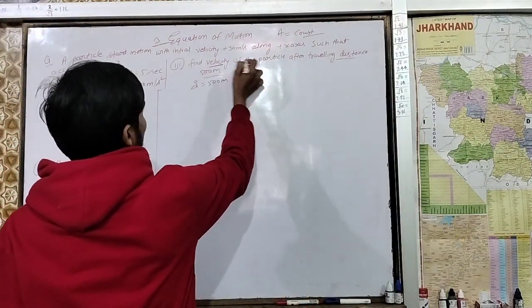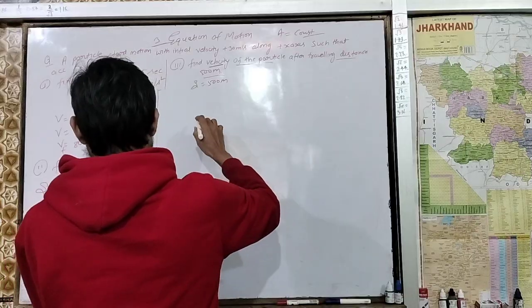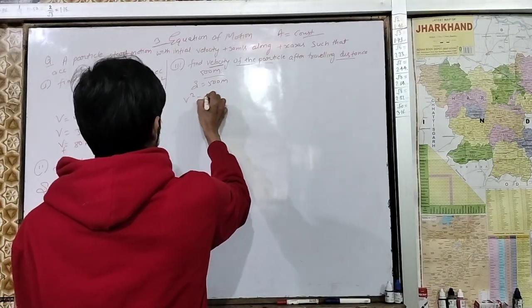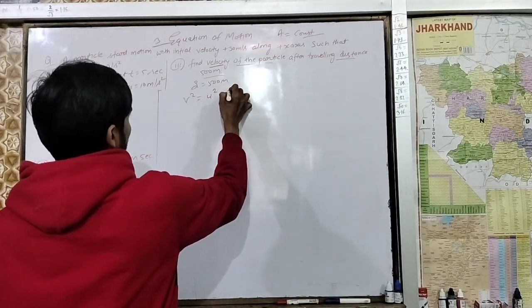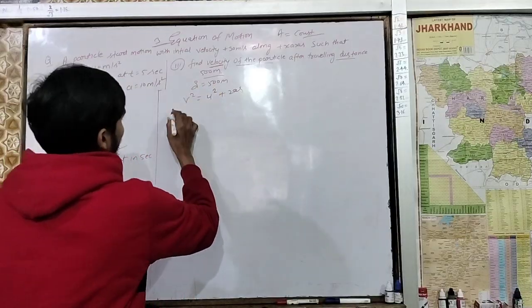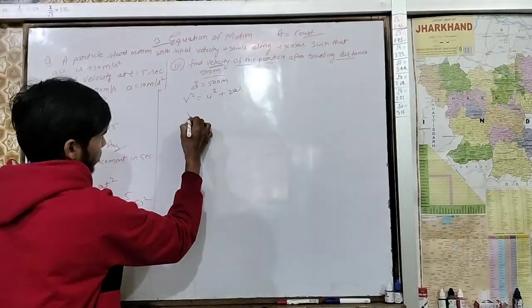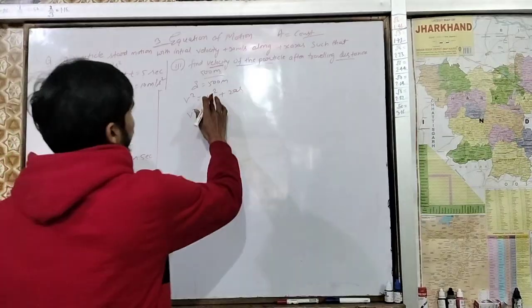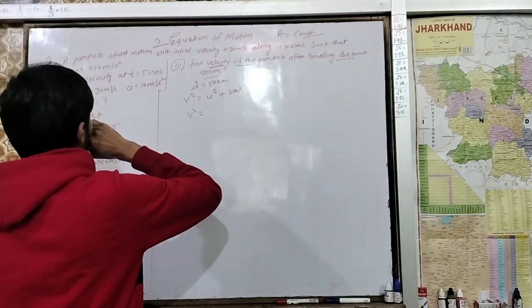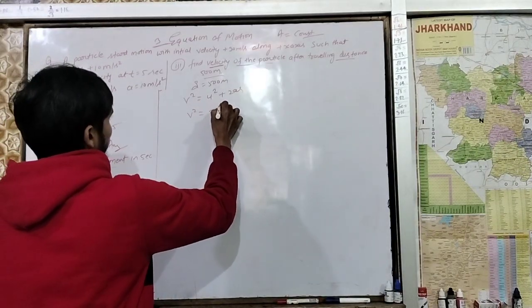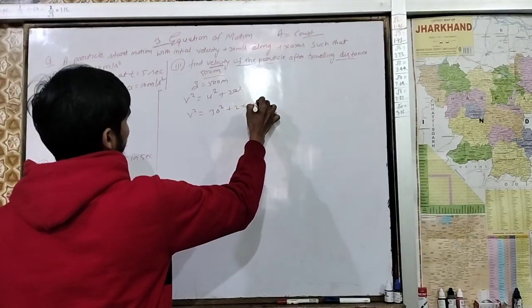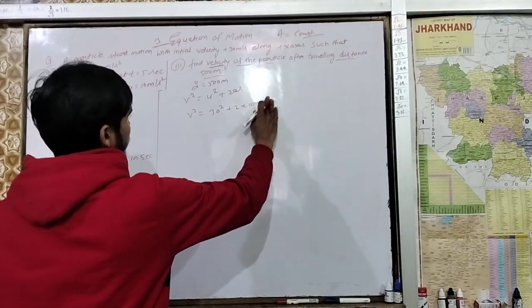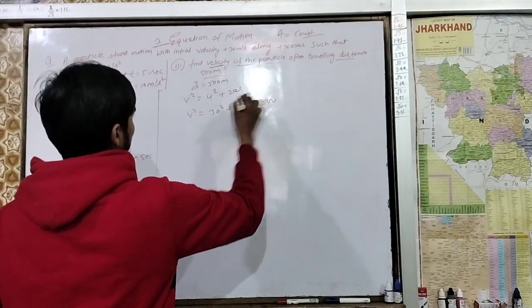So what is the velocity of that particle? Velocity will be v square is equal to u square plus 2as. We have to calculate this. U is 30, so 30 square plus 2 multiplied by 10 multiplied by S. S is 500.